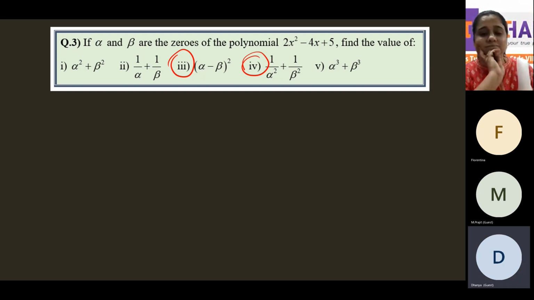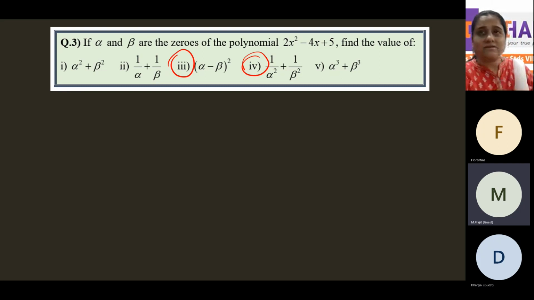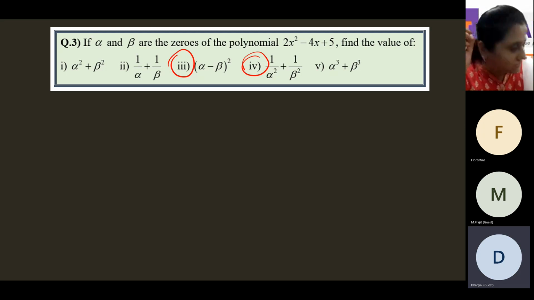Yes. Ma'am, I got -1. -1, no? I got -1 as well. Okay, Danya, tell me, how did you get it? Ma'am, I used the formula a minus b the whole square. With that, I used the terms alpha and beta, ma'am. That is alpha square minus 2 alpha beta plus beta square.